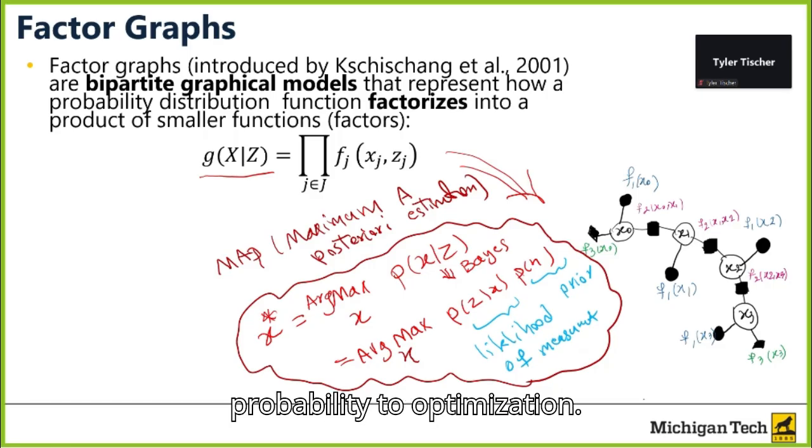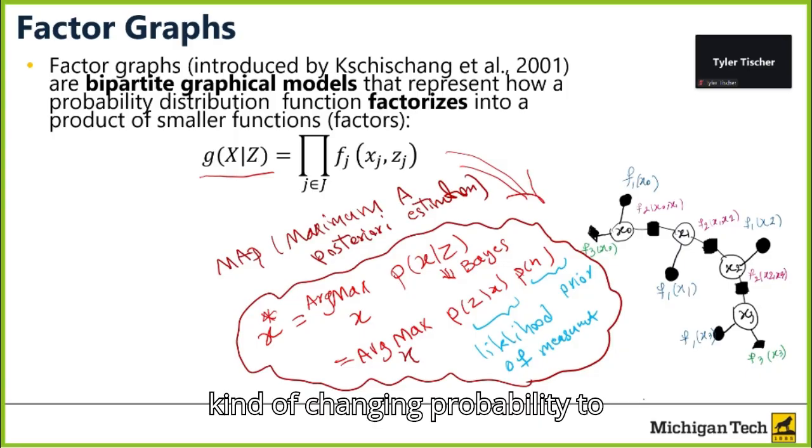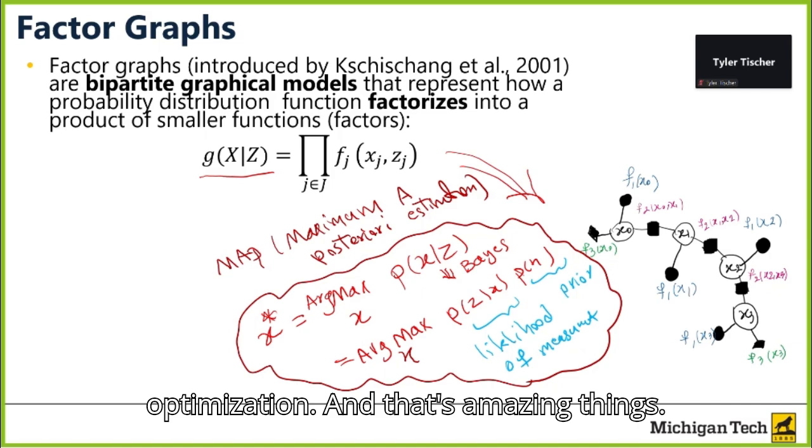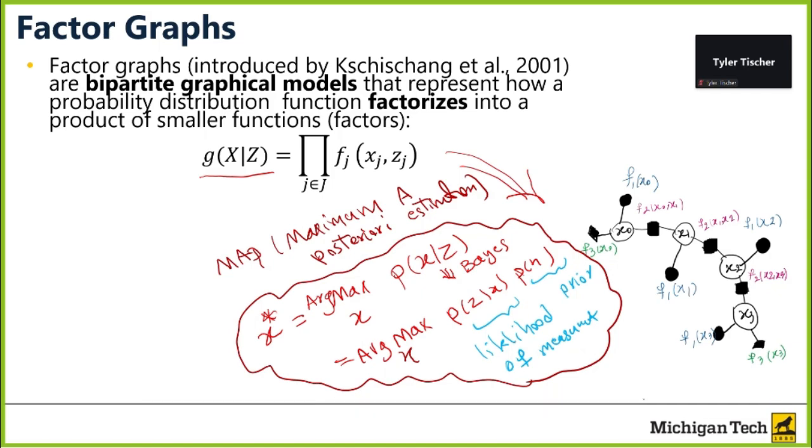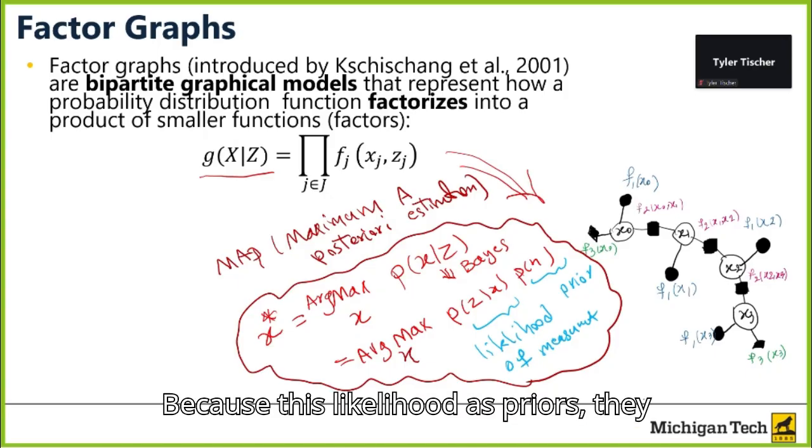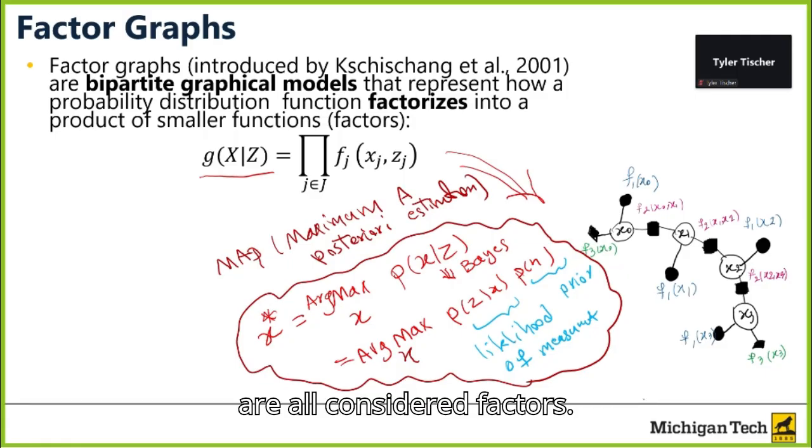MAP is changing probability to optimization, and that's an amazing thing. And the factor graph is very aligned with this MAP formulation. Why? Because this likelihood and priors are all considered factors.